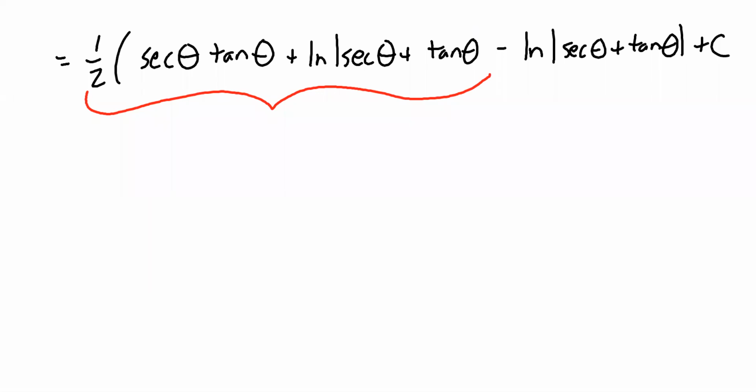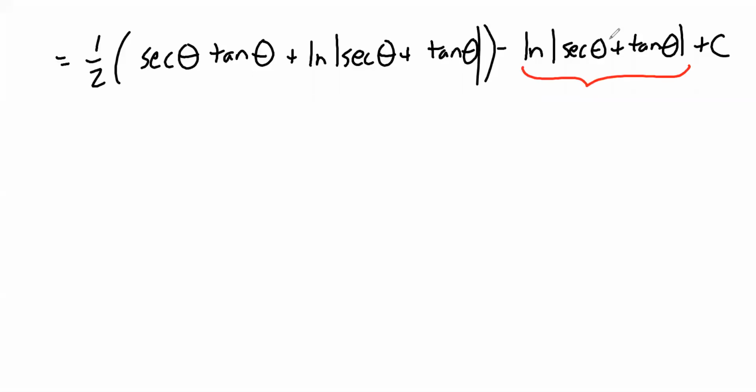Just realized I left off the end of the absolute value, so let's draw that real quick, and draw a straight line from there, and close off the parentheses that was opened right after the 1/2. And the other side of the subtraction problem over here is the integral of secant theta, natural log of the absolute value of secant theta plus tangent theta, and of course plus c because it's an indefinite integral.